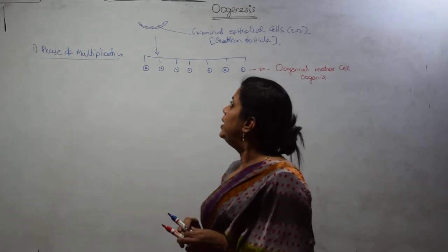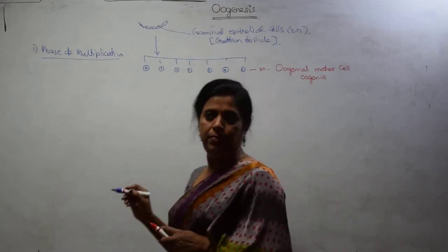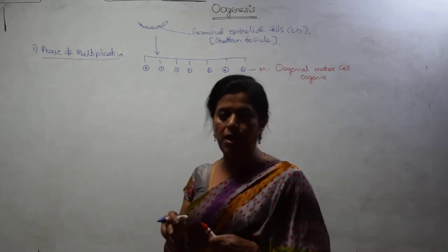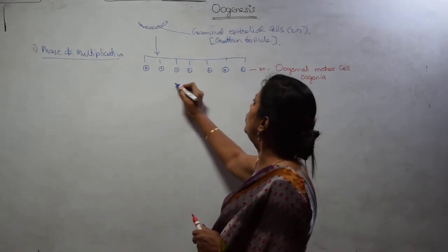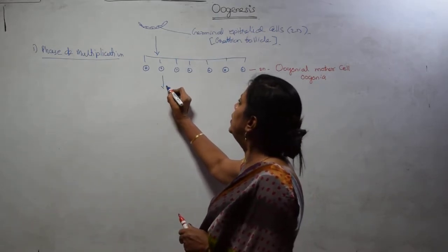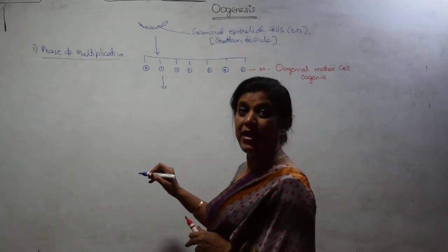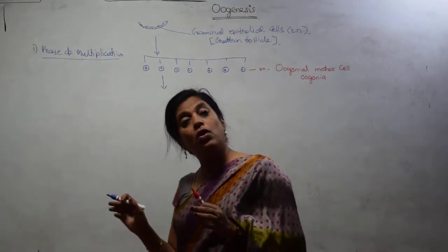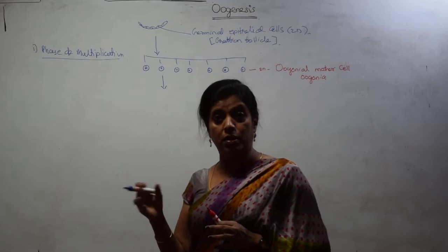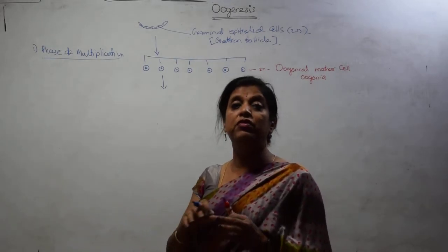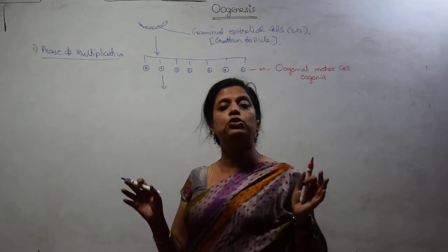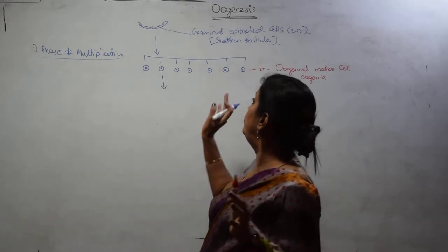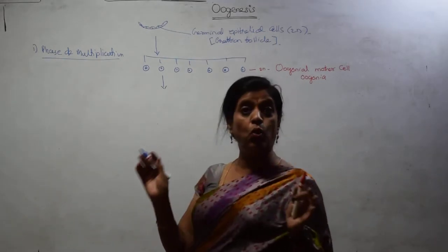Now, in the next stage, each one of them has to undergo enlargement. In humans only one egg is formed. Therefore, I am starting with only one egg. One of the oogonial mother cells enlarges. But in all the other animals like birds and all, this is a very huge stage. There is an enormous increase in the size of the oogonial mother cell, around 200 folds.